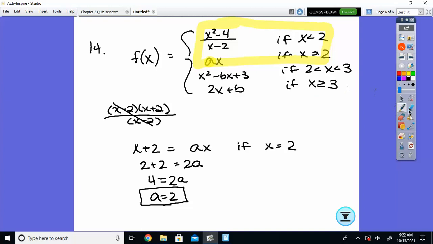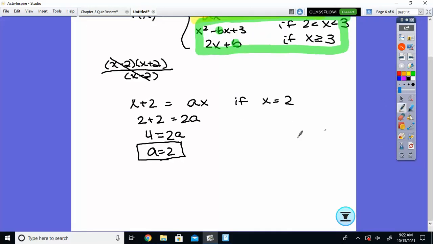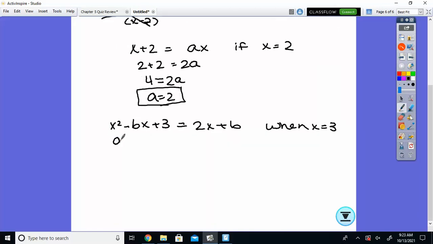Now let's talk about my b. We have 2 of these that have a b in them. When will these 2 things be equal to each other? When do those have to touch? At 3. So what I need is x squared minus bx plus 3 to equal 2x plus b when x is 3.